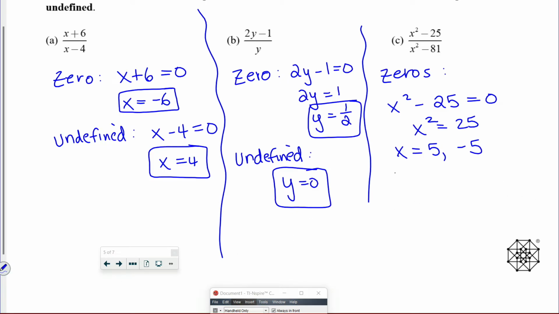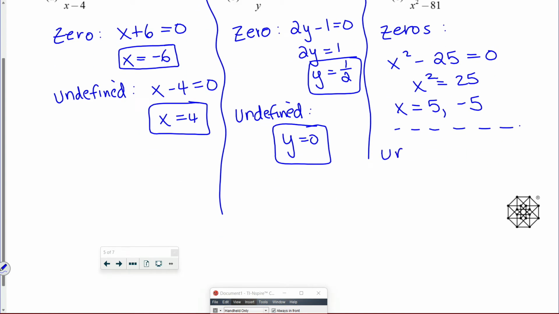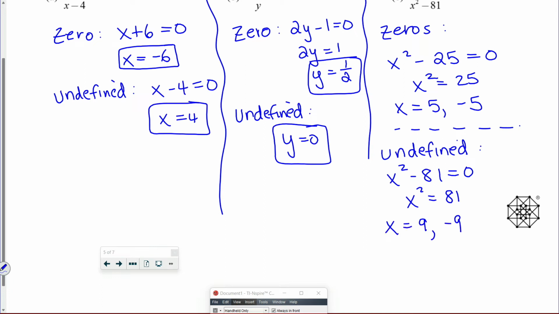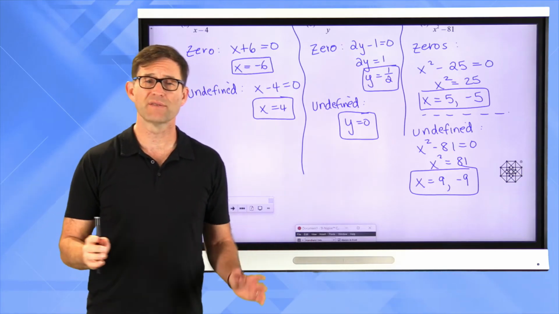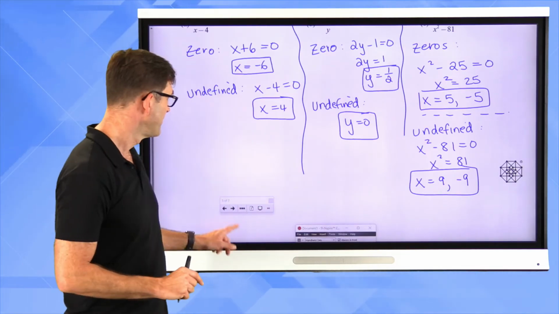On the other hand, it's going to be undefined, same idea, when x squared minus 81 is equal to 0. That means x squared would have to be 81, and that will be either x equals 9 or x equals negative 9. All right, so a little bit more complicated. Not too bad, though. We're not doing anything too hard on our first Algebra 2 lesson.